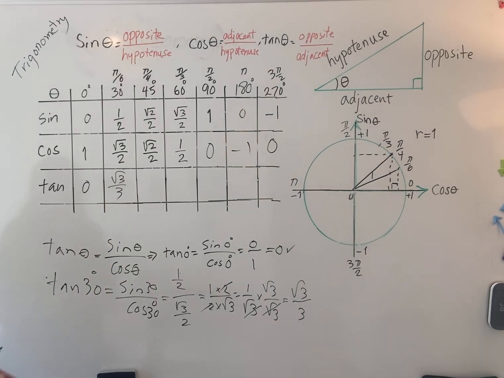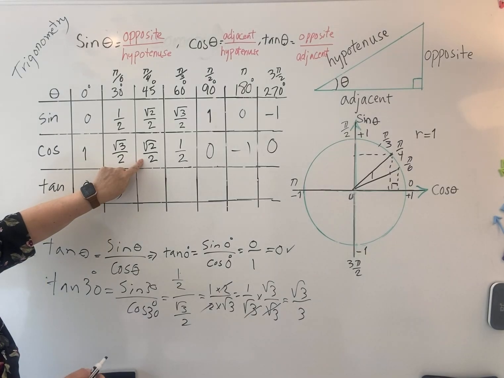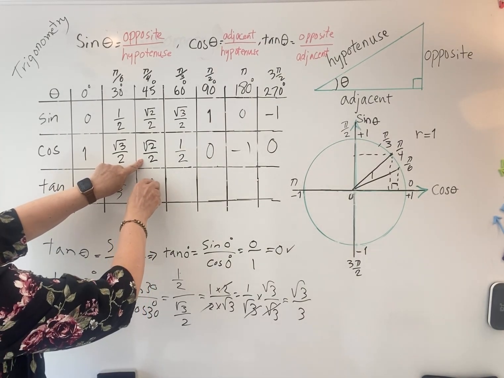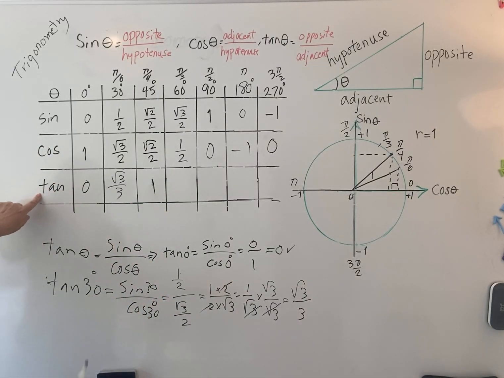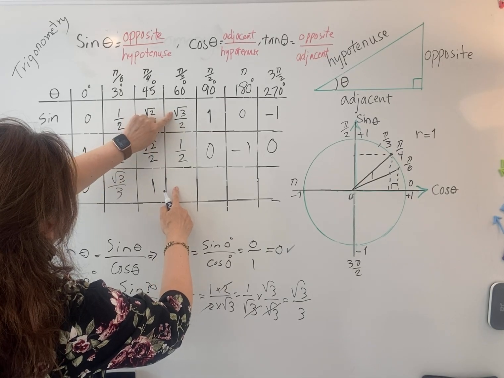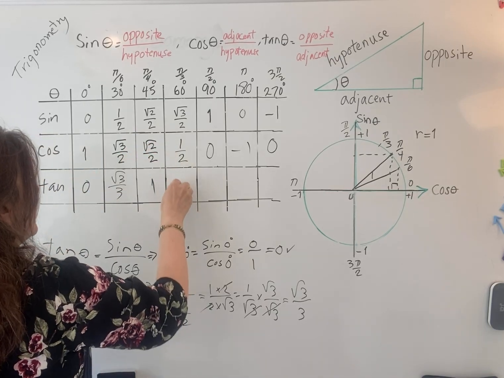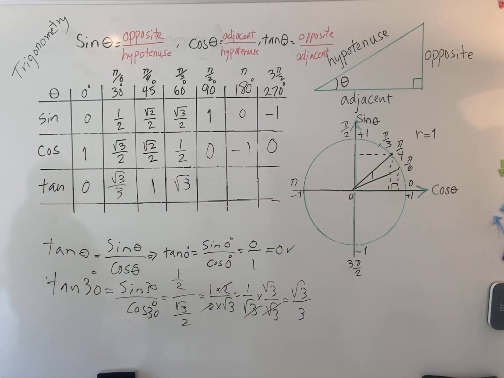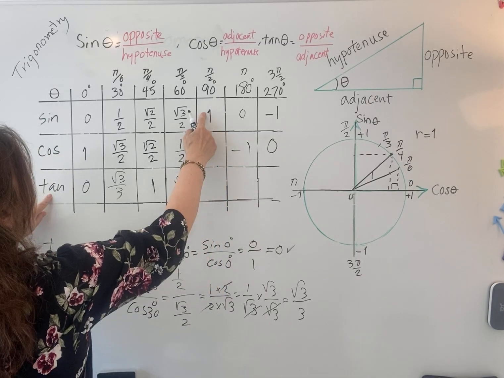How about this one? Tangent of 45, of course, is sine over cosine, which are equal, so 1. Tangent of 60 degrees: sine over cosine is radical 3 over 2 divided by 1 over 2. How much is it going to be? Radical 3. Tangent of 90 degrees is sine over cosine, 1 over 0.